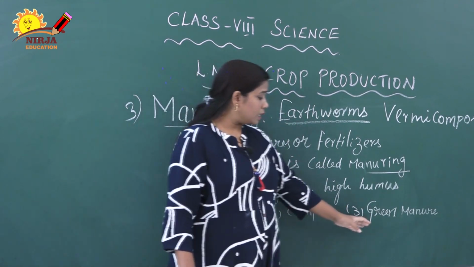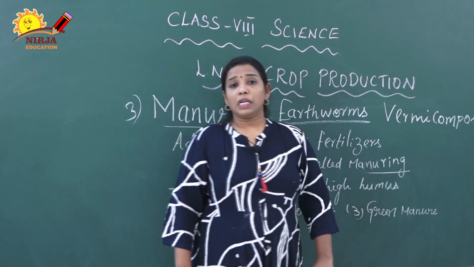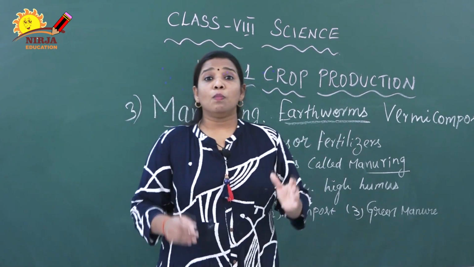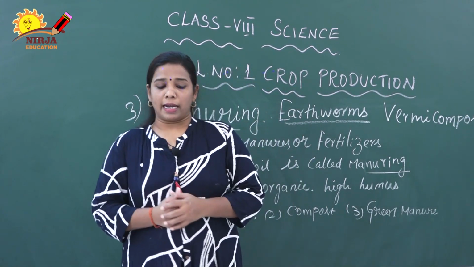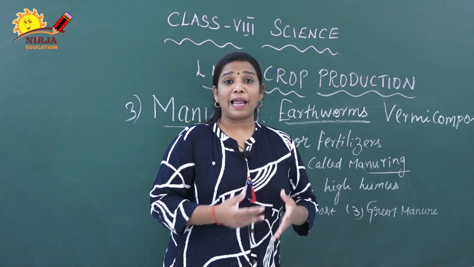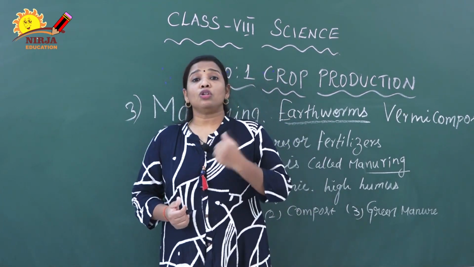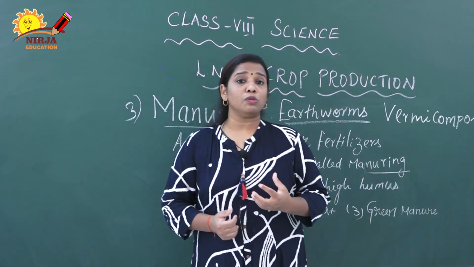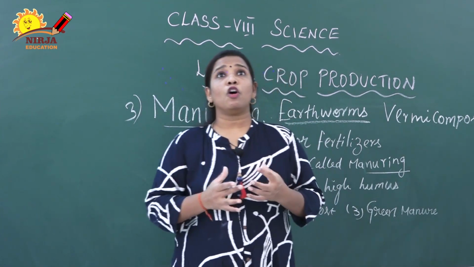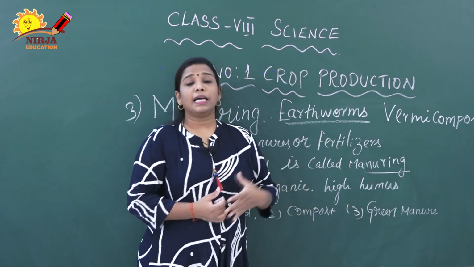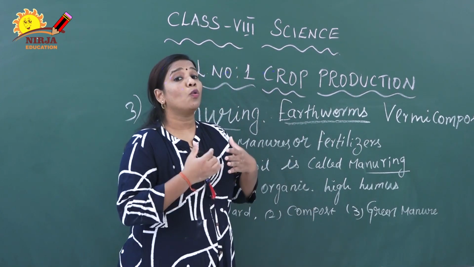The third one is green manure. Green manures are nothing but fields containing a large amount of leguminous plants like groundnut, black gram, peas. These plants have root nodules. These root nodules are very important for absorbing nitrogen with the help of a bacteria called rhizobium.